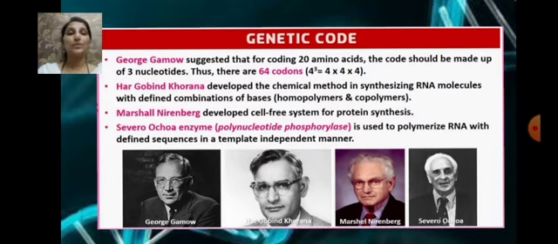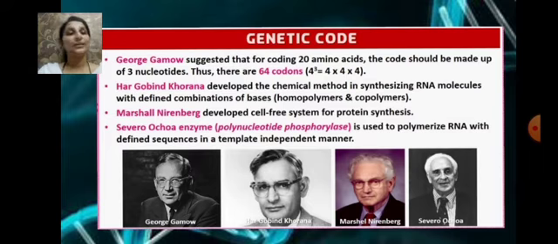Homopolymers and copolymers differ in that homopolymers are made up of a single type of monomer, whereas copolymers are made up of more than one type of monomer. So Hargobind Khorana developed a chemical method for synthesizing RNA molecules with defined combinations of bases.